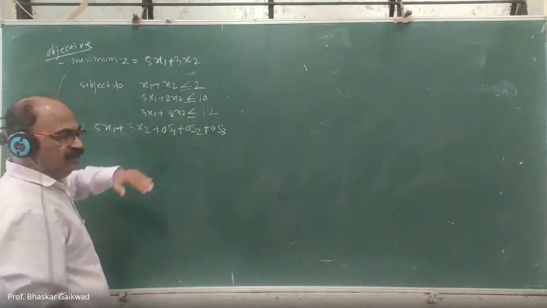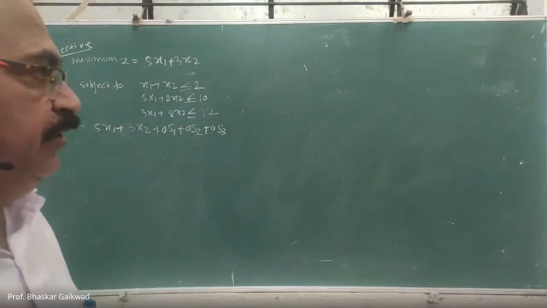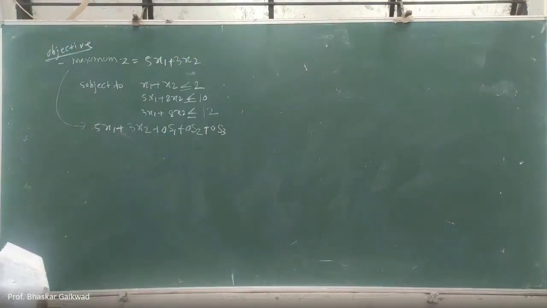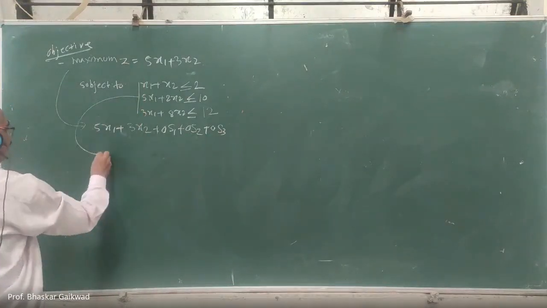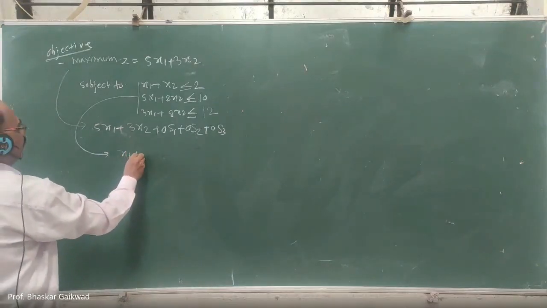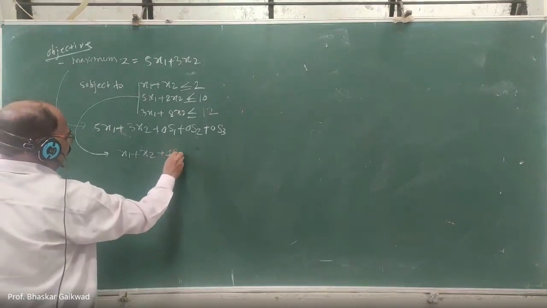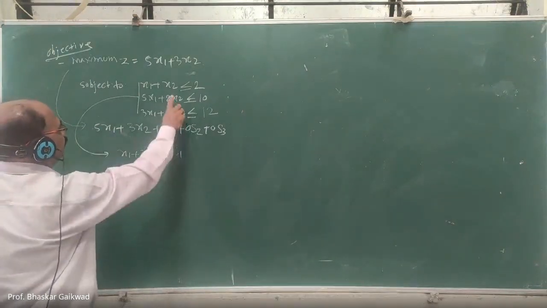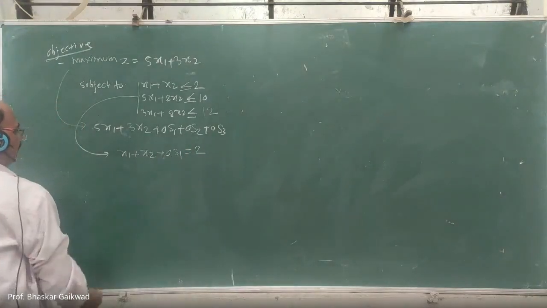This is to convert inequality into equality. So here, x1 plus x2 plus 0 s1 is equal to 2, with additional variables.